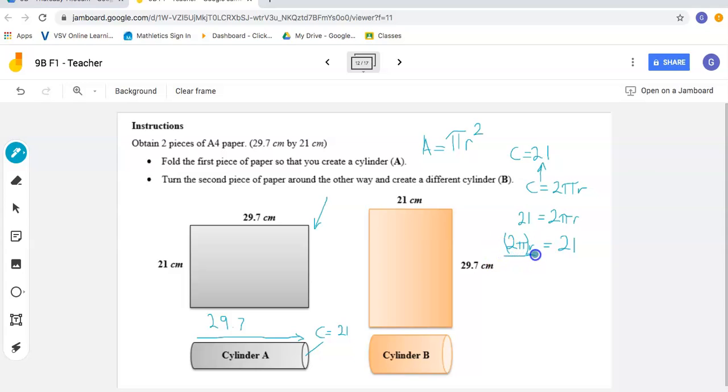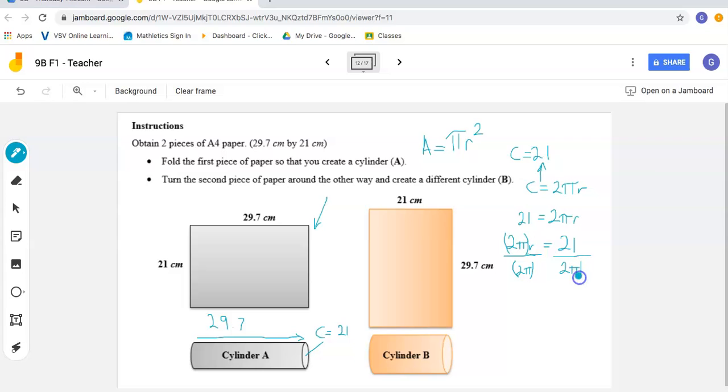So you would divide 2 pi r by 2 pi. I'm moving both of these, okay? And remember, what I do to one side, I do to the other side. So I'm also going to divide 21 by 2 pi.